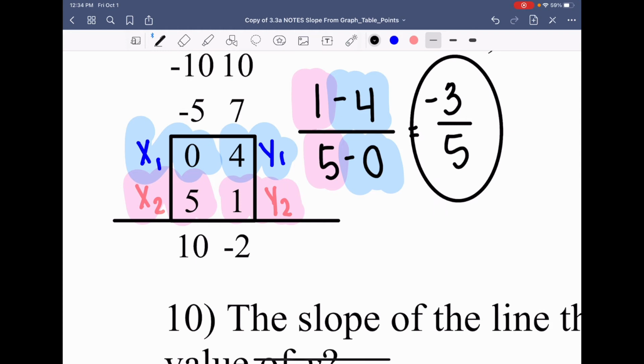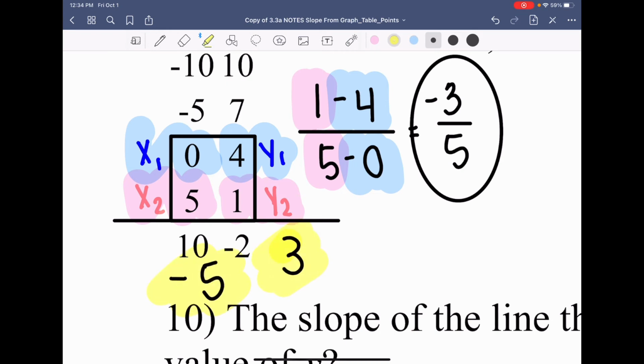If I wanted to come over here and subtract straight down, 4 minus 1 will get us a 3, and then 0 minus 5 would get us a negative 5. And the key now is you actually have to put these in the right way on the fraction.